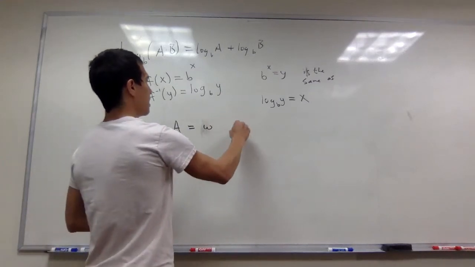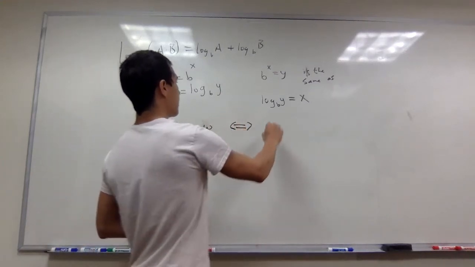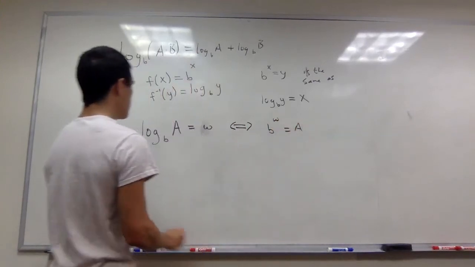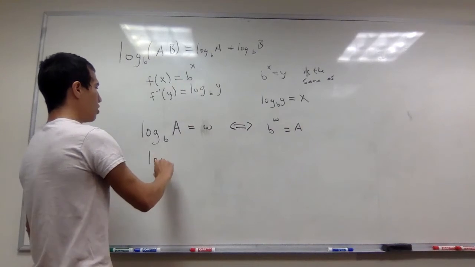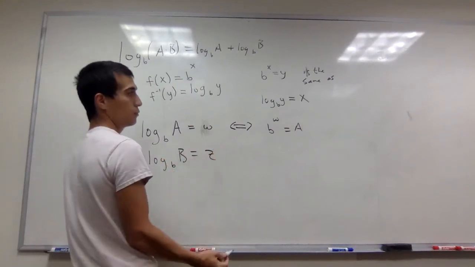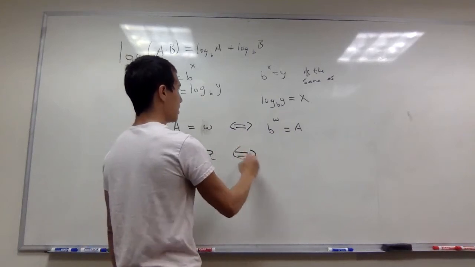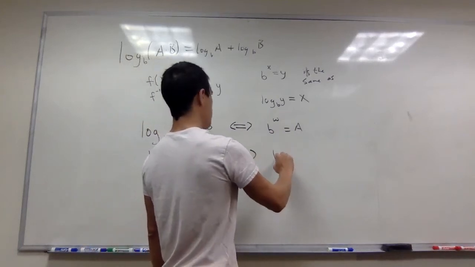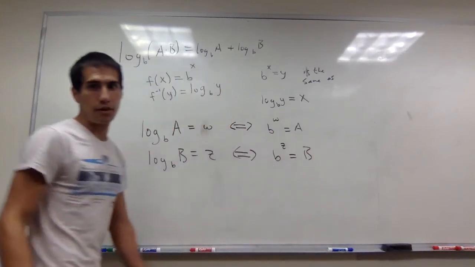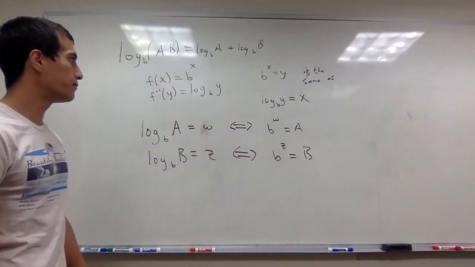And what does this mean? This is the same thing as saying that b to the w is equal to a. And if I have log base b of capital B is equal to z, what does this mean? This is the same thing as saying that b to the z is equal to capital B.